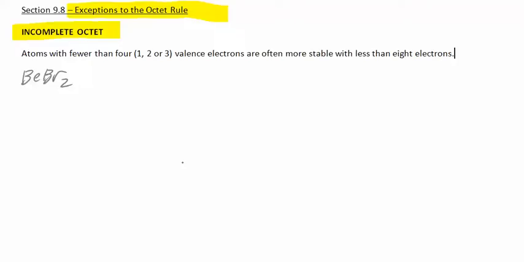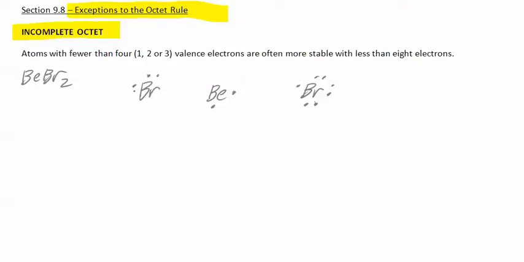Now for BeBr2, beryllium has, when it's a plain atom, 2 valence electrons, and bromine has 1, 2, 3, 4, 5, 6, 7.